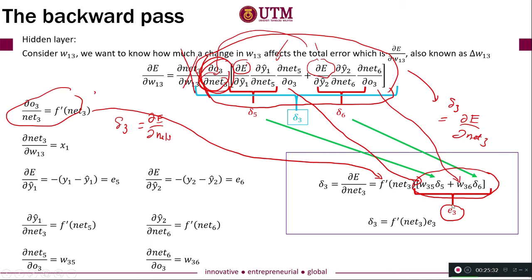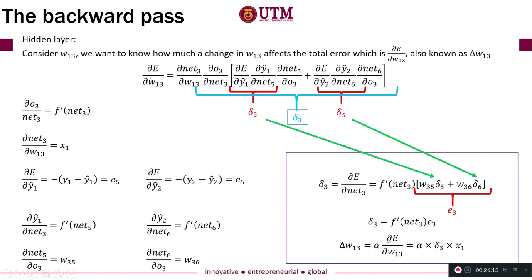But now the error at the hidden layer, the definition is a little bit different, where it's a multiplication of the delta, or the gradient coming from the output neuron, multiplied with the weight at that neuron. So you can see that this is defined as the local error at the hidden layer. Then from that, this is what we get as delta 3.